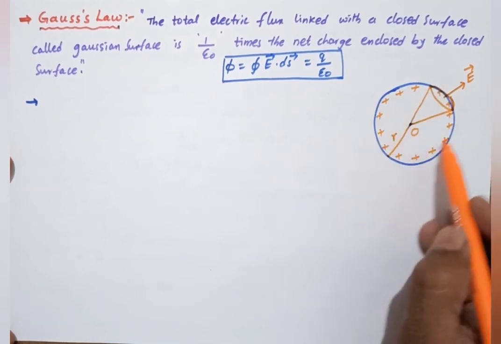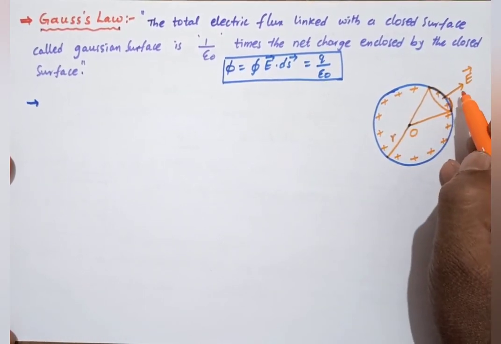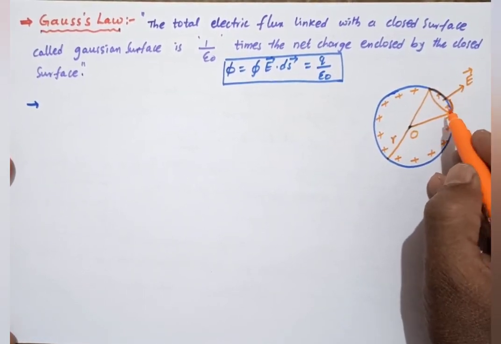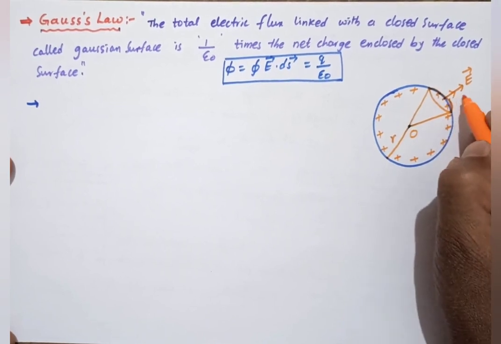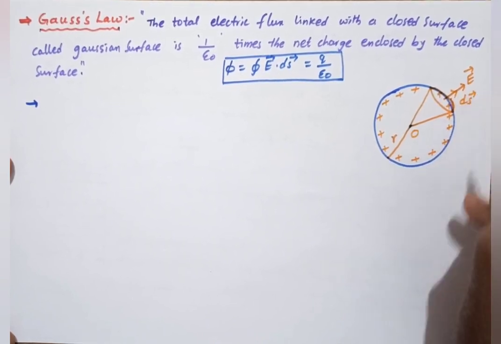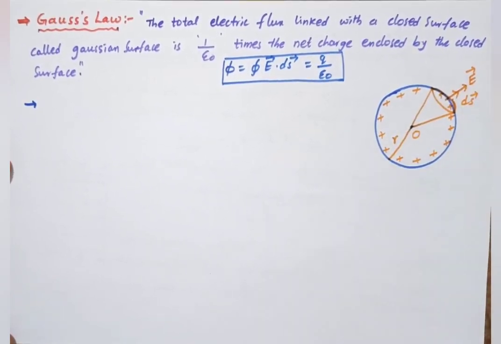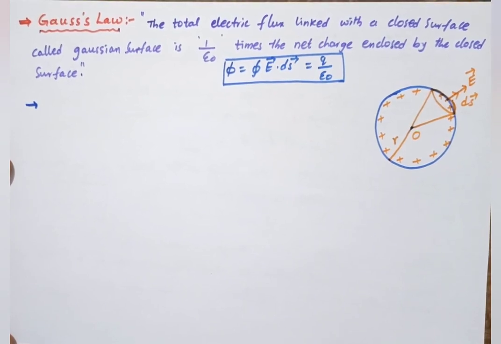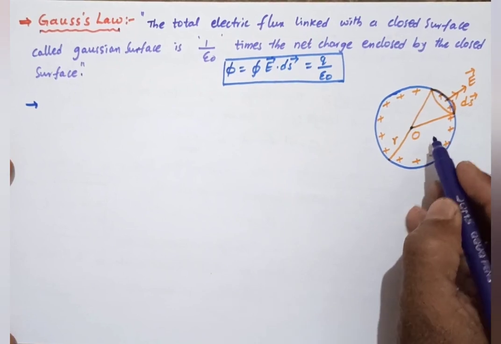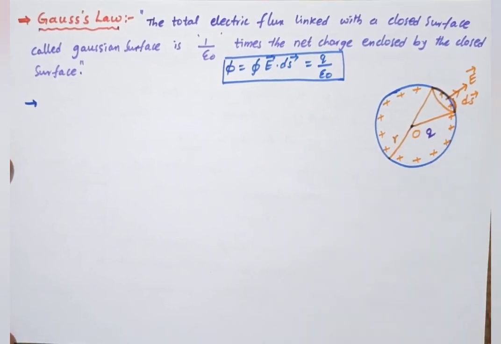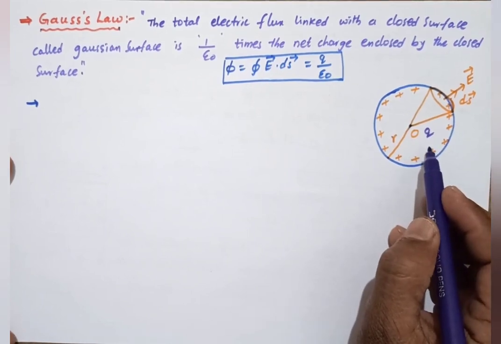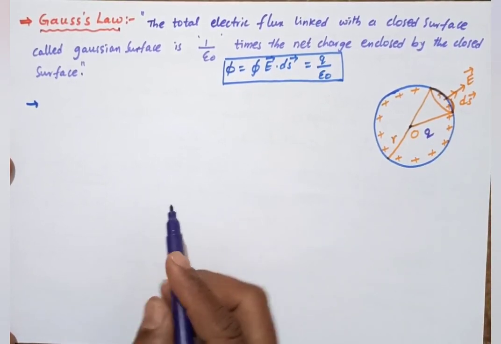Then the electric field and ds bar are in the same direction. Okay, now the charge is accumulated, the net charge is q here.